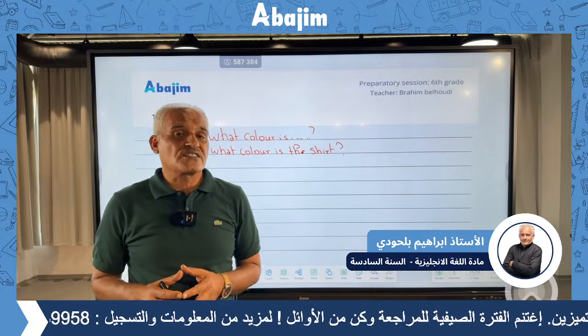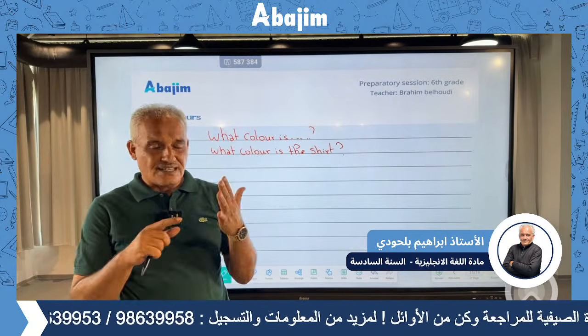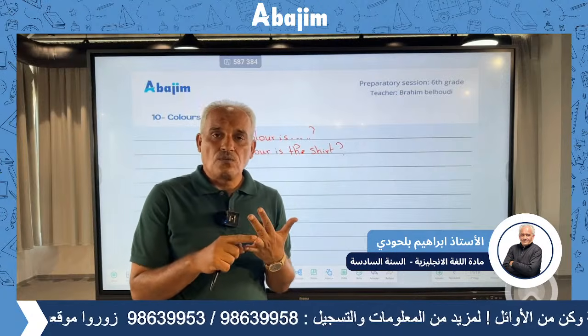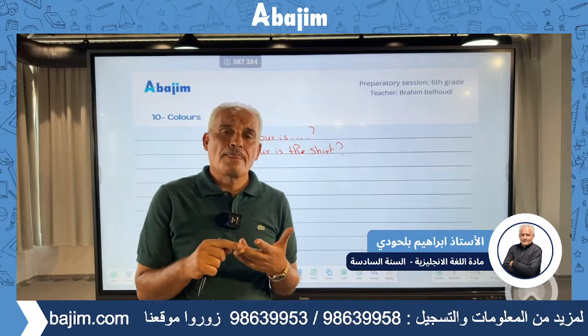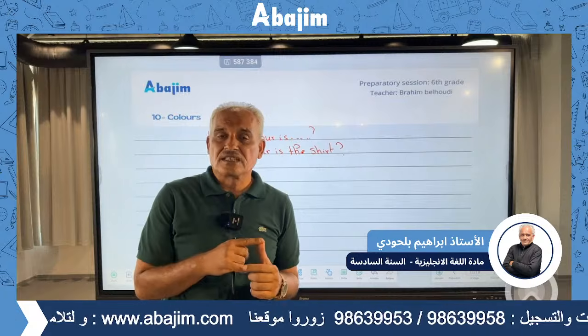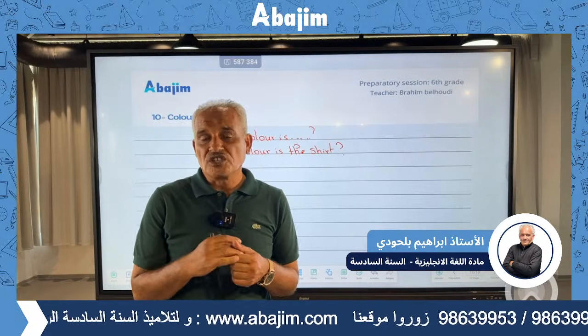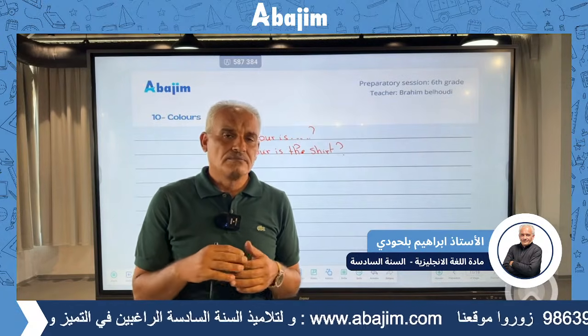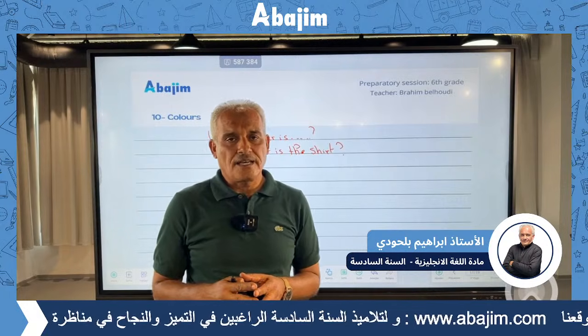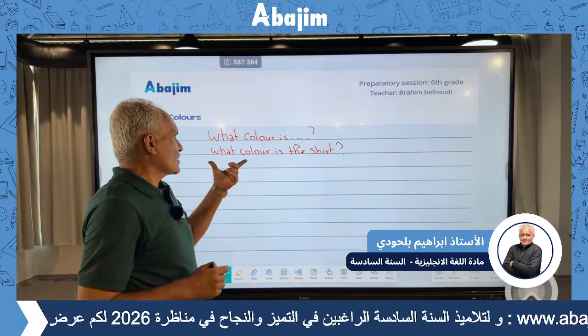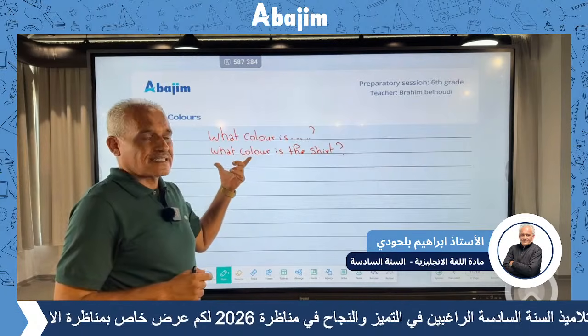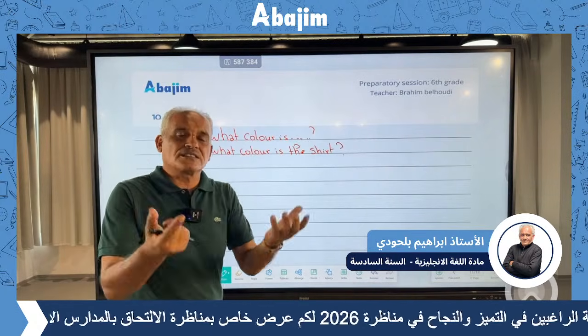The t-shirt is white. So colors are blue, white, gray, red, black, orange, yellow, pink, purple, and others. Okay? So what is important in this part of the lesson is how I ask about color.